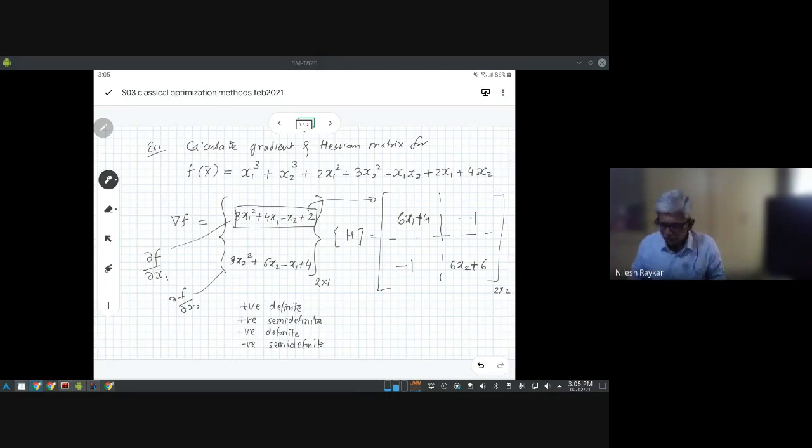For our purpose, we are only interested in positive definite, which is equivalent to the second derivative greater than 0. But just for the sake of completeness, let me write down positive definite, negative definite, semi-definite, and there is something called an indefinite.